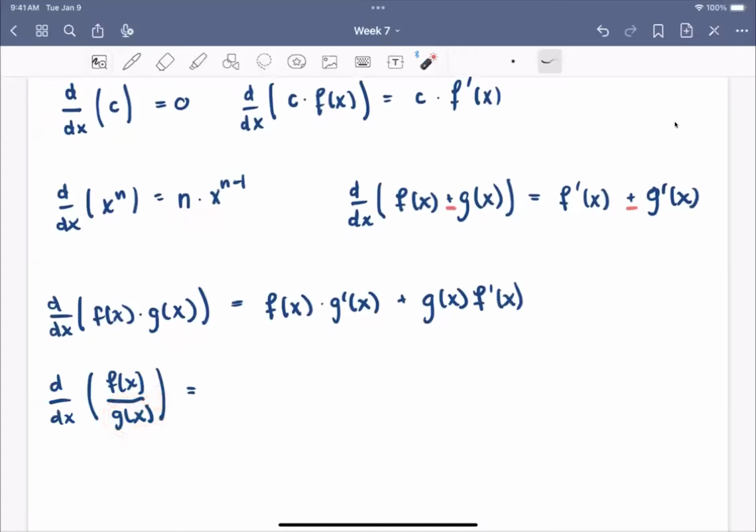So here's how that works. So let's think about this in the following way. So d by dx of f of x times g of x to the -1.